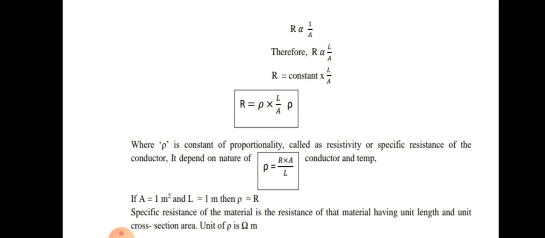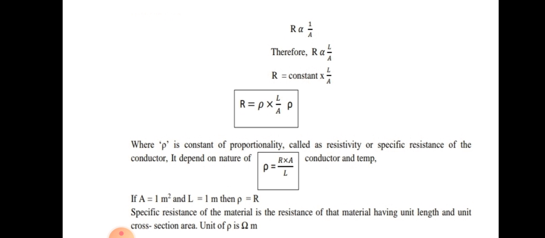Okay, so you have to keep in mind that resistivity or specific resistance measures the resistance of the conductor only. So specific resistance of the material is the resistance of that material having unit length and unit cross section area. This is the definition of specific resistance or resistivity of the material.